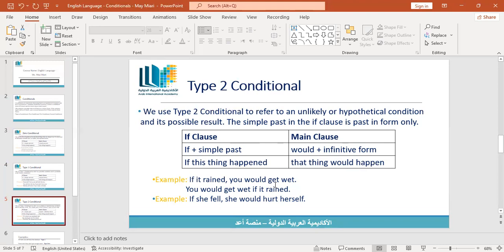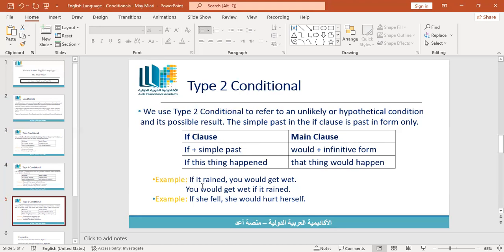You would get wet is the main clause. In the if clause, we use the simple past tense. The verb is rained. We added ed to the verb rain. Then for the main clause, we added would plus the base form of the verb, which is get.